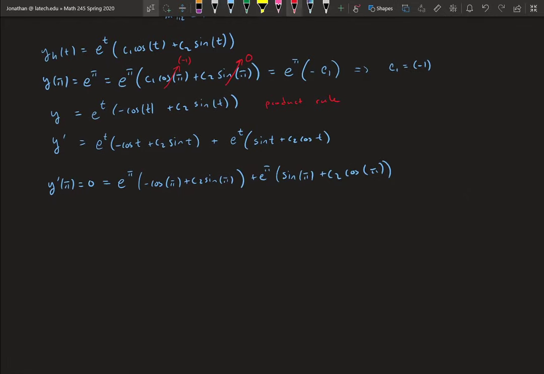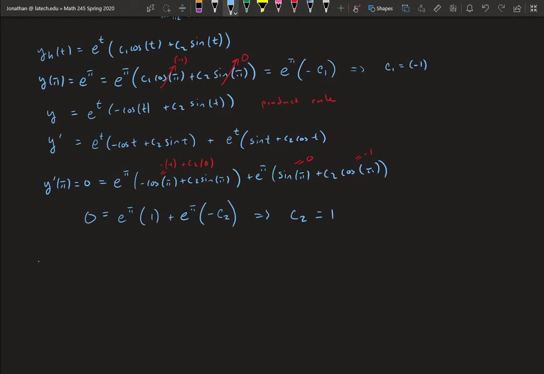Cosine of pi is equal to -1, so this is -1 plus C2 times 0, and this is 0, and this is -1. So this can reduce to e to the pi times 1 plus e to the pi times negative C2. Is that right? It's supposed to be 0. So I think C2 should just be 1. So C2 equals 1, and then that'll cancel, it becomes 0.